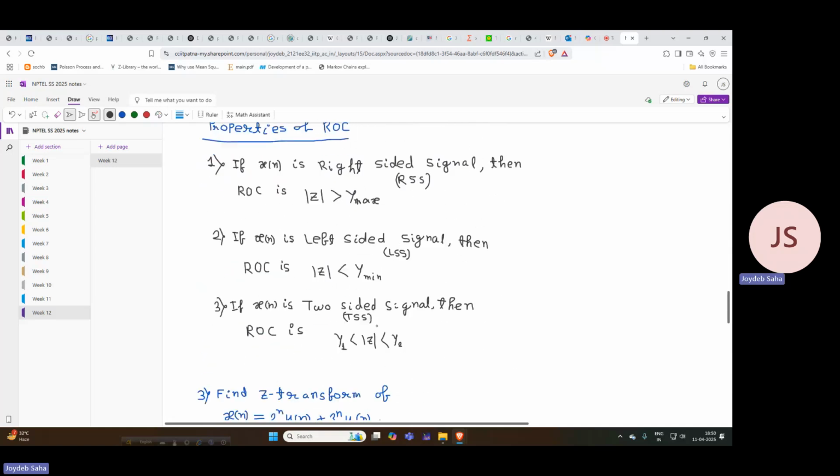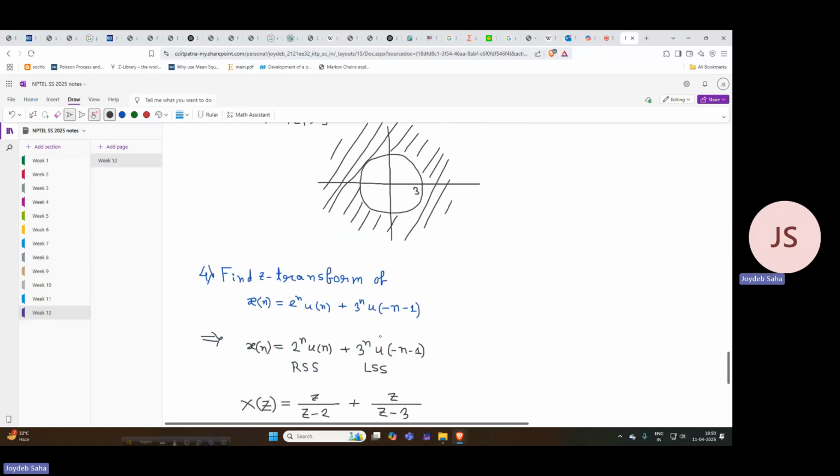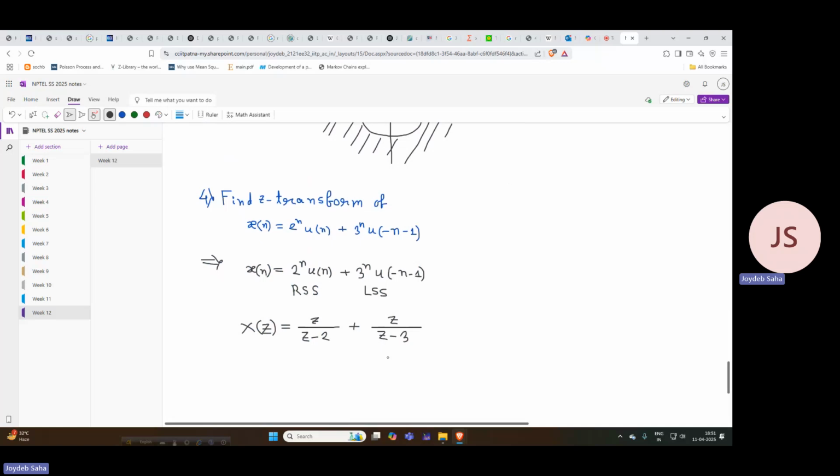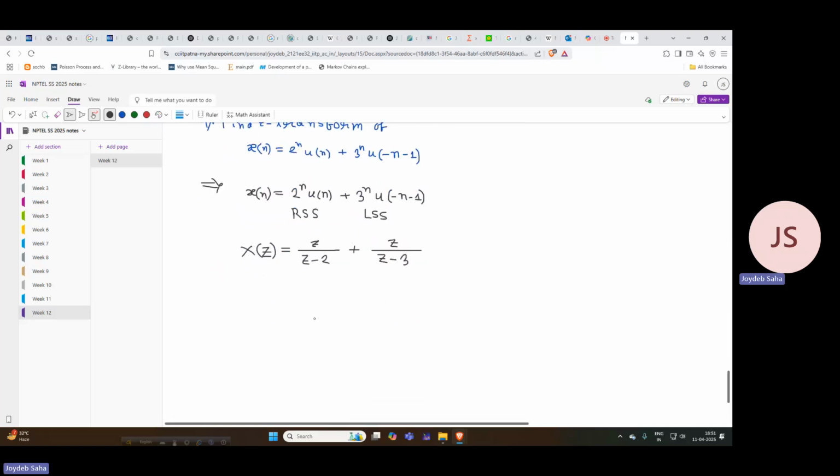Okay. But what is the ROC? The problem is regarding the ROC, right? So here it is a two-sided signal because LS and RS both are present. So here lambda 1 will be 2 and lambda 2 will be 3.